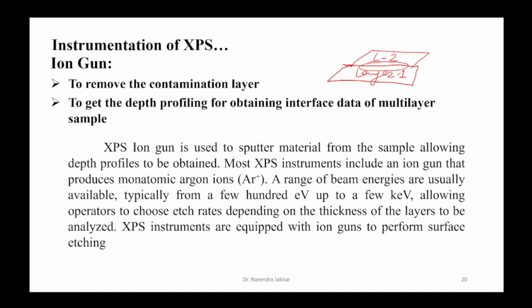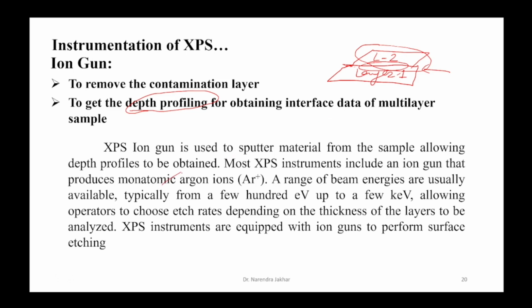So this ion gun sputters this whole layer 1 and gives you the exposure of this interface of layer 1 and layer 2. So this ion gun is also used for depth profiling, for obtaining interface data of multi-layer samples.